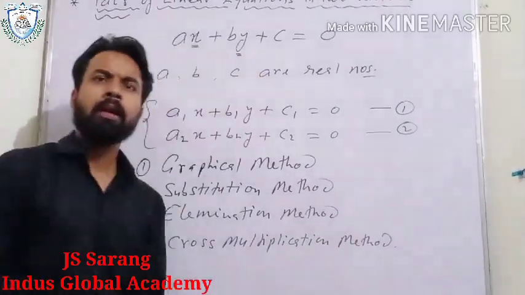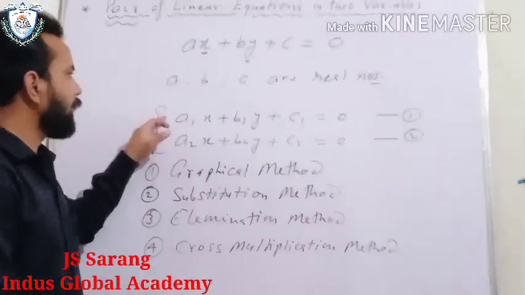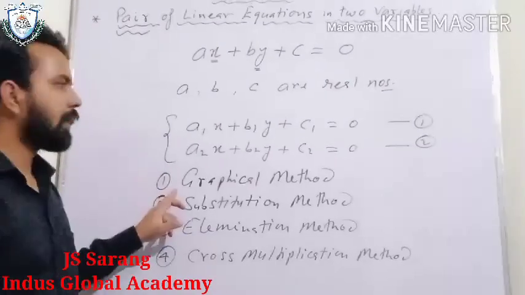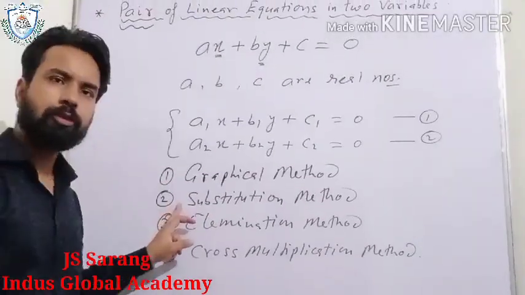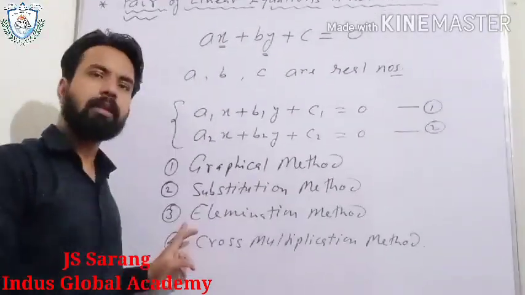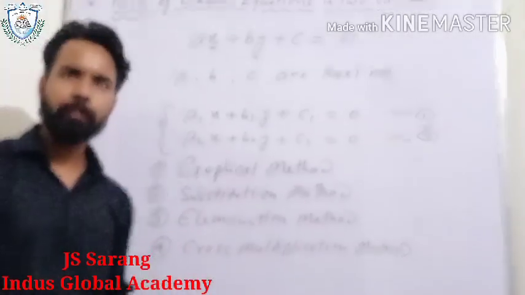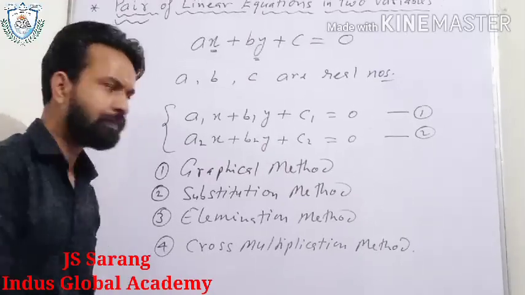So understood? We can find the solution of any pair of linear equations in two variables by the four methods. First is graphical method, second is substitution method, third is elimination method, and fourth is cross multiplication method. Hope it is clear to everyone.